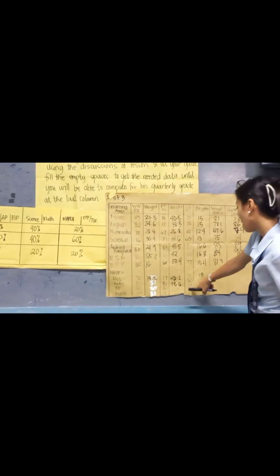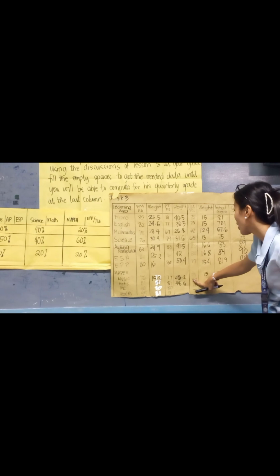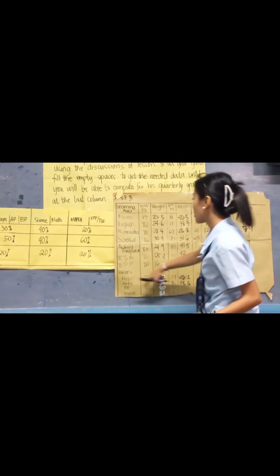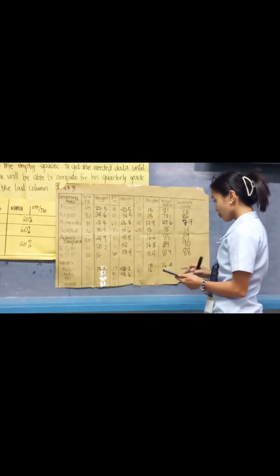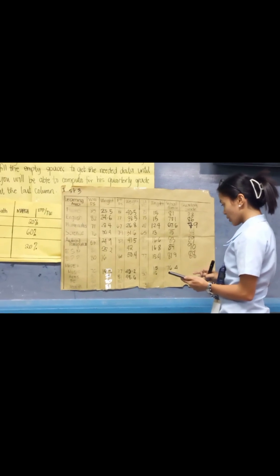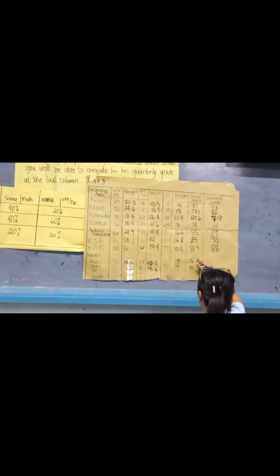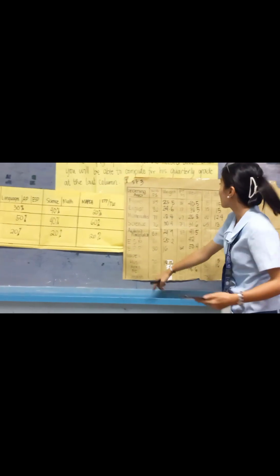We have here 80. So we are going to multiply it by 20%. So 80 times 0.20 is equals to 16. Now we are going to add all the weighted scores. So 17 plus 48.6 plus 16 is 81.6.